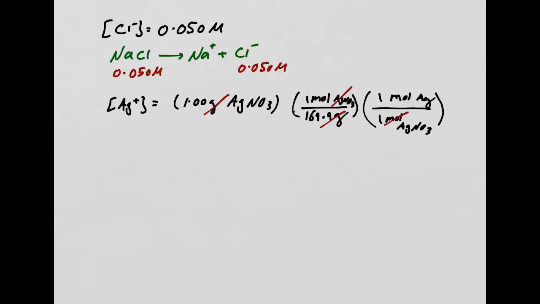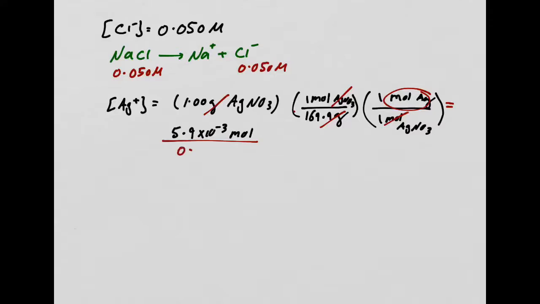What I end up with is moles of silver nitrate. What is that number? That number is 5.9 times 10 to the minus third moles. Okay? Again, molarity is moles per liter. Now, how much of it do I have? This was added to a 50 ml solution, right? So 50 ml solution.